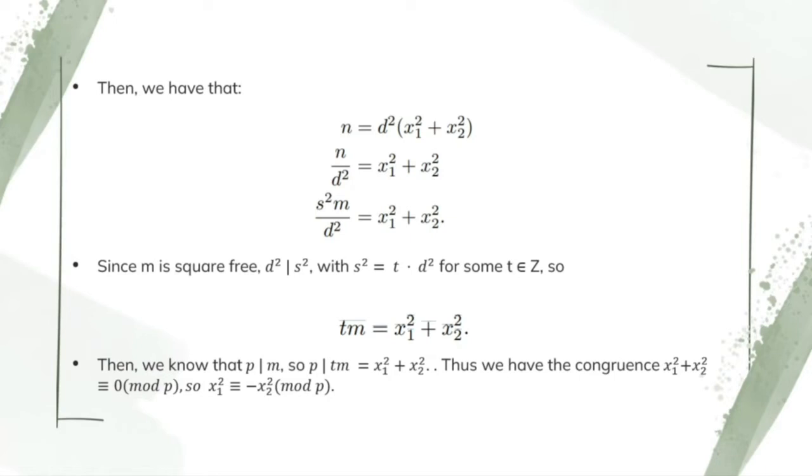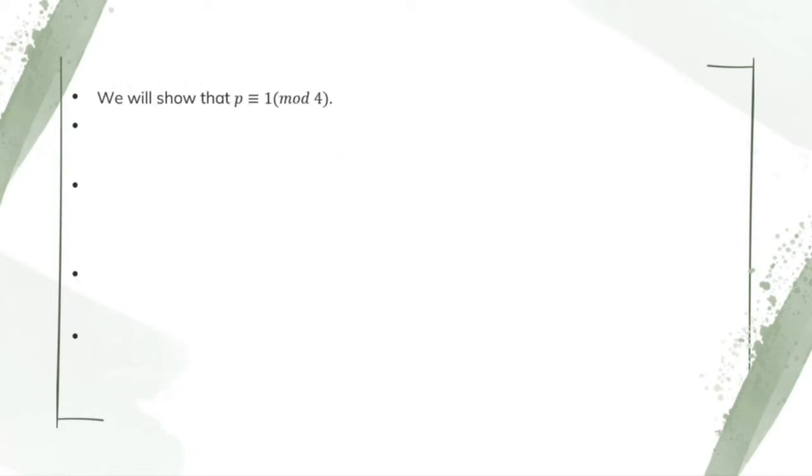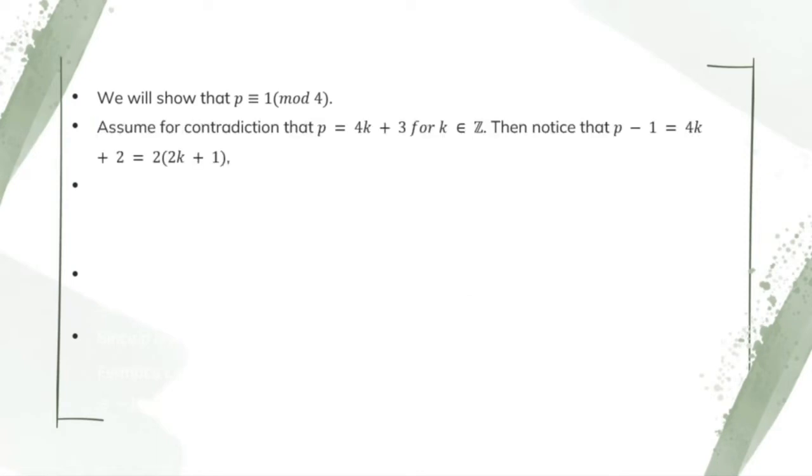We will show that p is congruent to 1 modulo 4. Assume for contradiction that p equals 4k plus 3 for some k in the integers Z. Then notice that p minus 1 equals 4k plus 2, and by factorizing we get 2 times 2k plus 1.